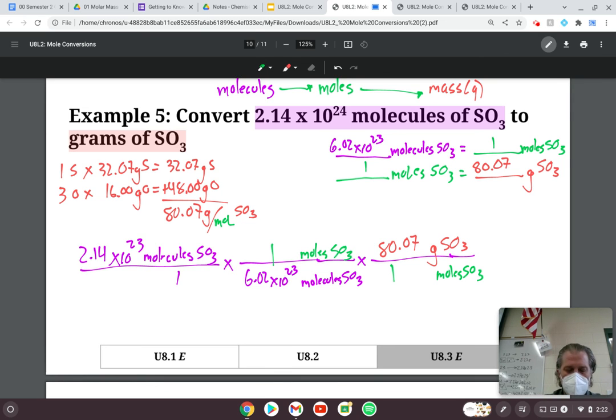So I'm going to take 2.14 times 10 to the 23, times 1 times 80.07. And at that point, I'm going to hit equals. Then I'm going to divide by 6.02 times 10 to the 23. And I'm going to get, hang on, I miscalculated.